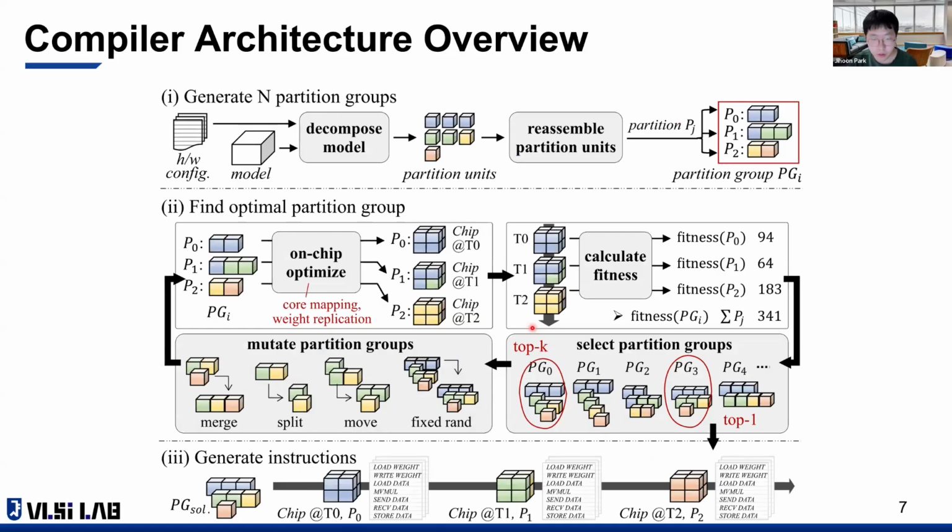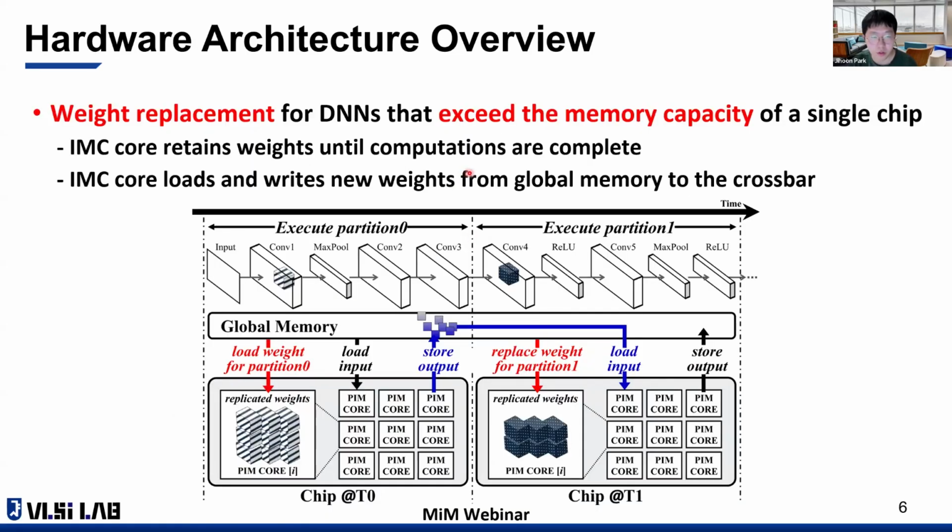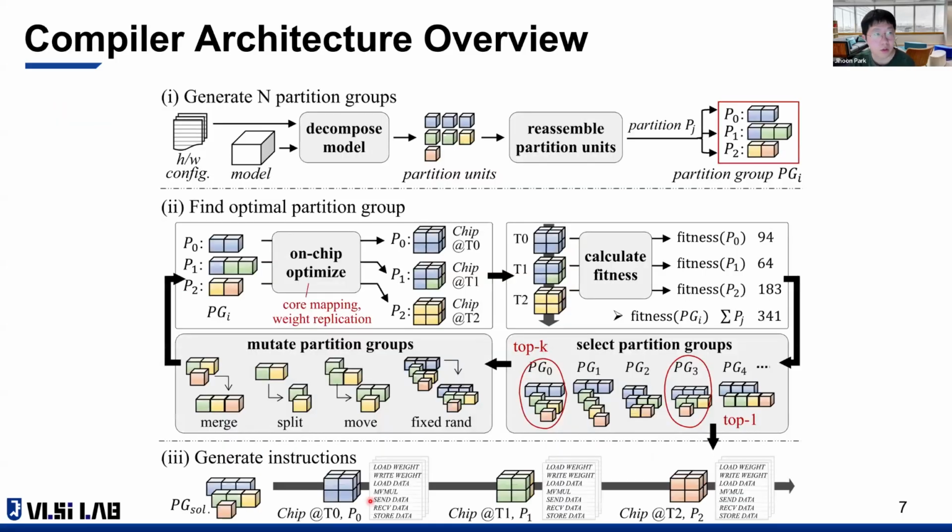So the main thing that we have to do is figure out how to efficiently partition so that we can map it to get the optimal performance.